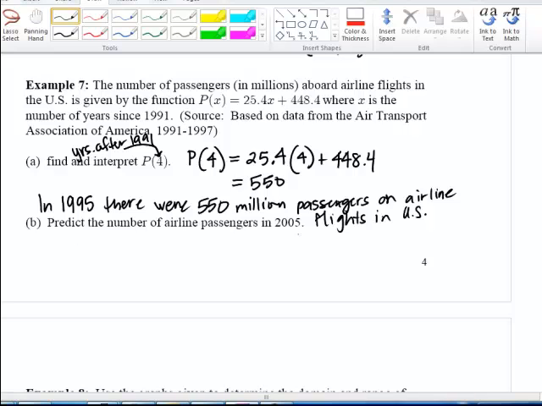And then, if this model holds for more than 1991 through 1997, we could predict maybe how many passengers there were in 2005. So in 2005, we would say, well, that's a year, so it's going to be x, how many years after 1991? It would be, what, 14? So we would say P of 14. We would put 14 in for x.